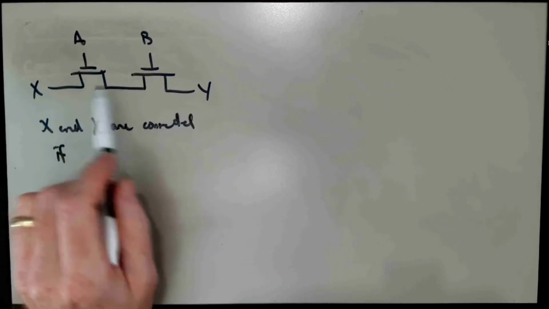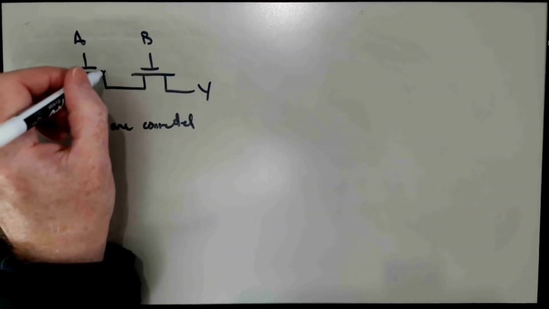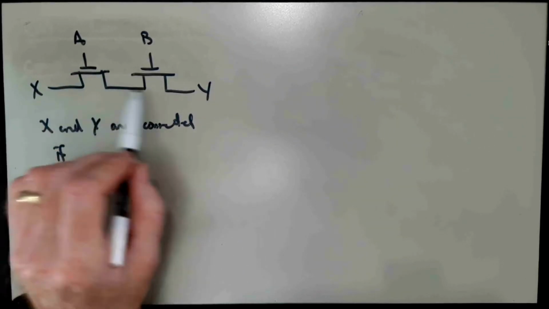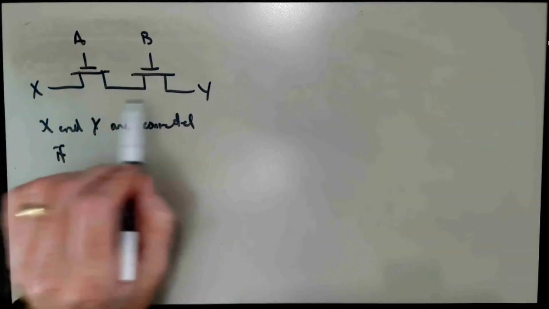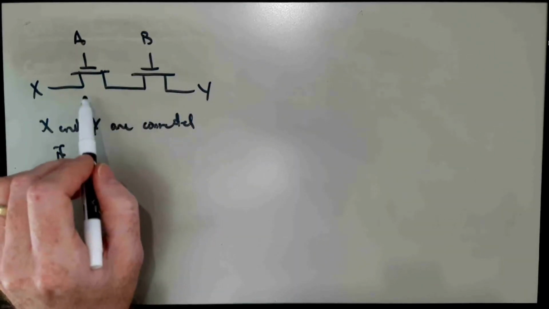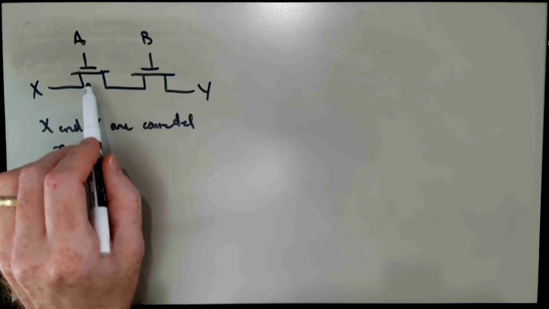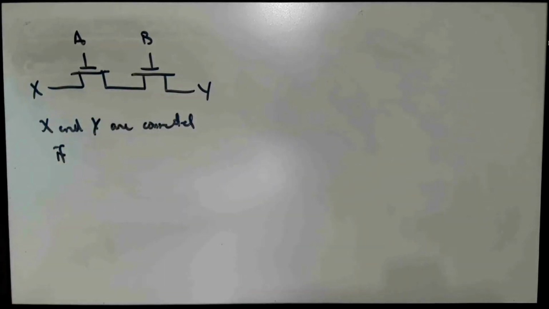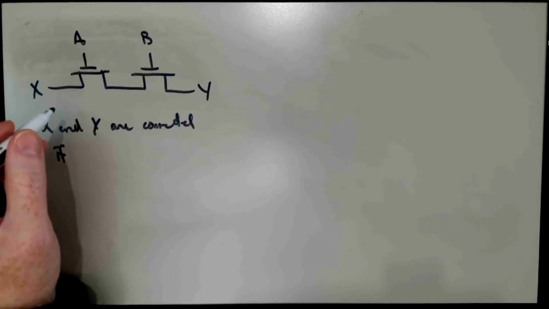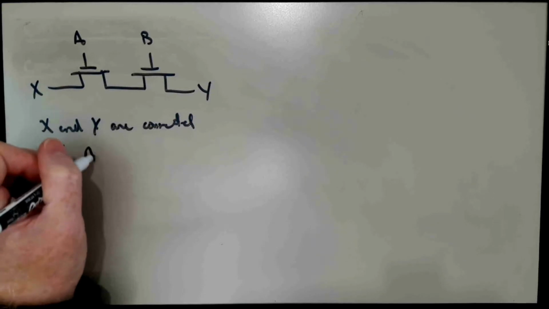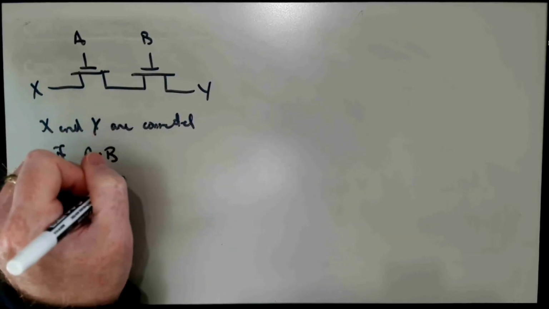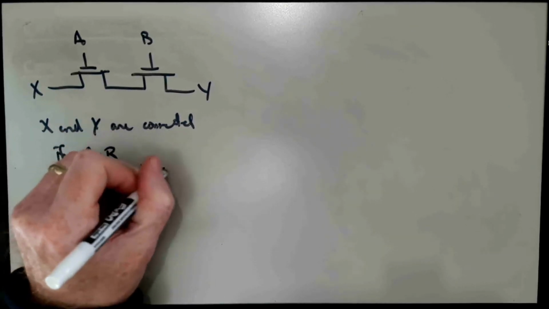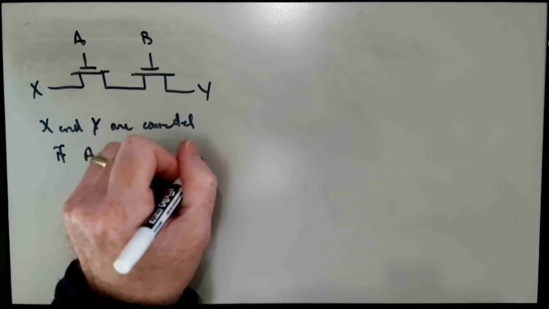In this case, with a series configuration, if either of these two switches are off or open, then we can't get conduction through this network. We have to have both the A switch conducting and the B switch conducting in order for us to have conduction through the series combination. So here, the series connection would correspond to conjunction, or logical AND.